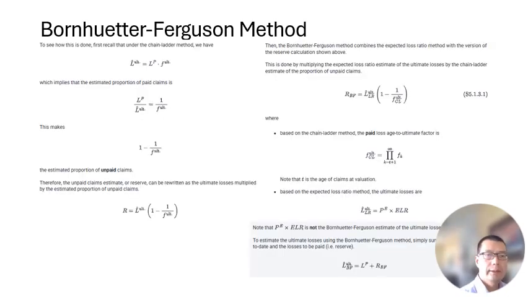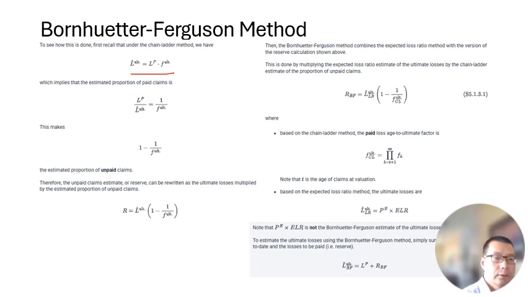So to see how this method works, first we want to recall that under the chain ladder method, the ultimate loss would be paid loss times the ultimate factor, which implies that the estimated proportion of paid claims is L_P over L_ultimate, which is equal to 1 over the ultimate factor.